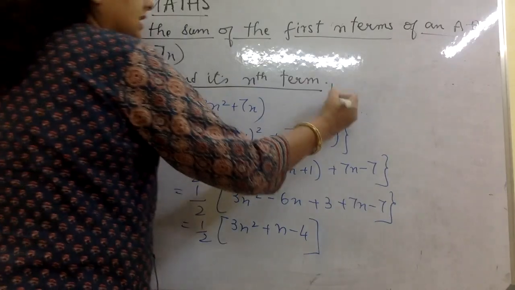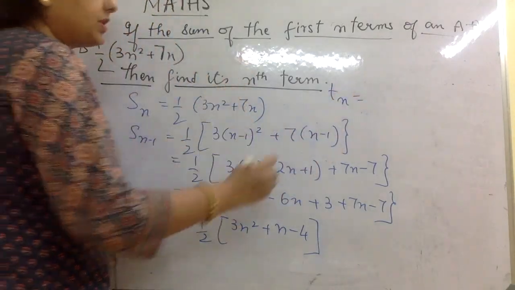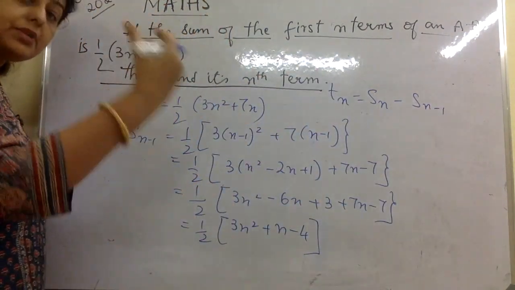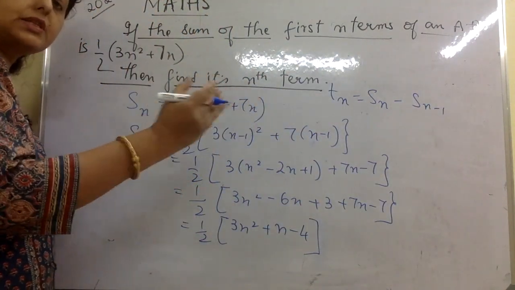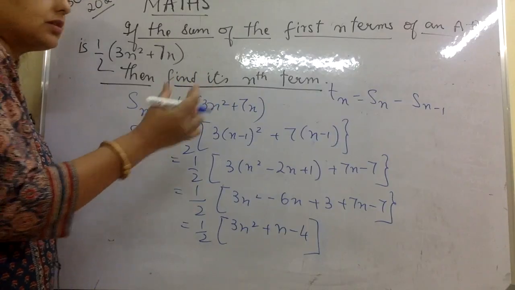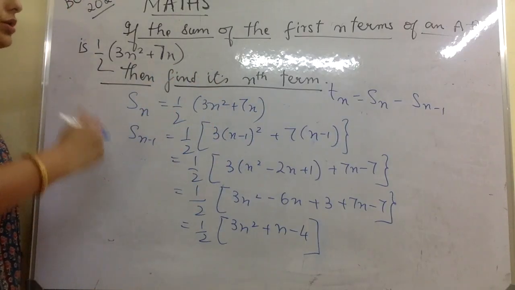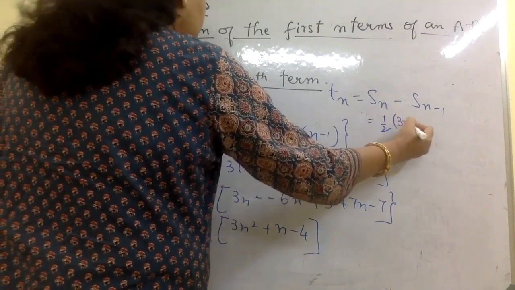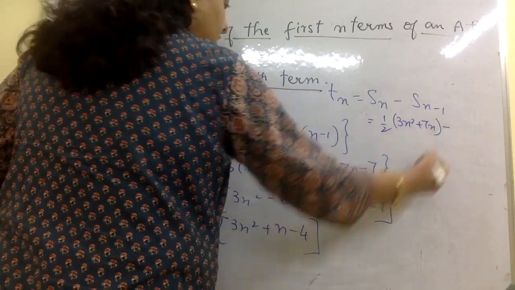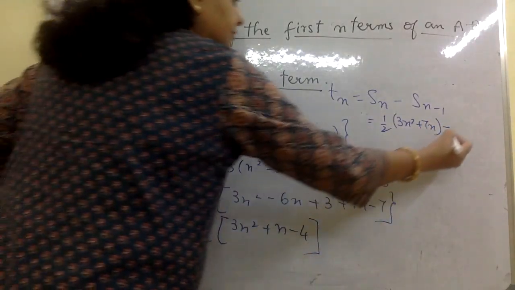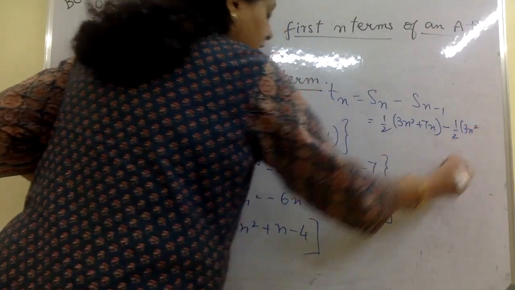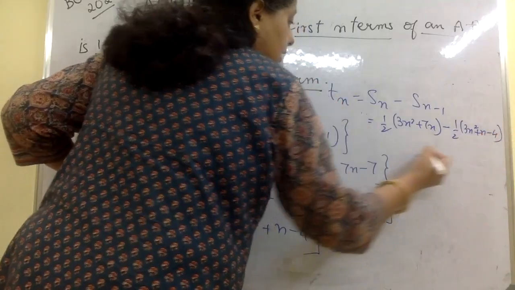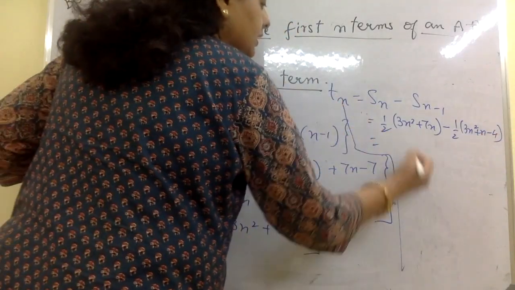The nth term, that is Tn, is actually going to be Sn minus Sn minus 1. That is it. Sum till the nth term minus the sum till the n minus 1 term, you get the nth term. So here, half 3n square plus 7n minus half 3n square plus n minus 4. No mistakes should be done here.